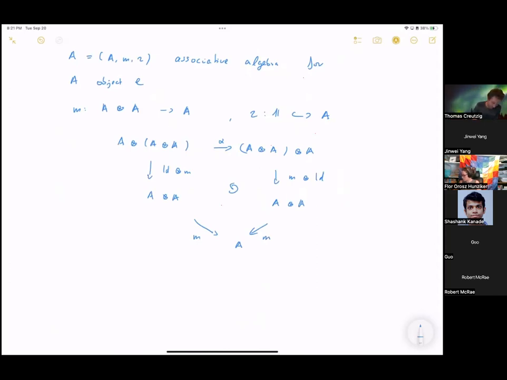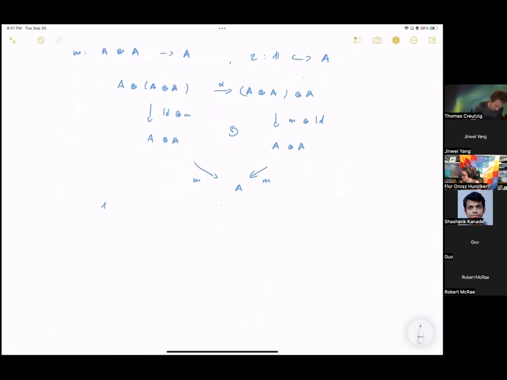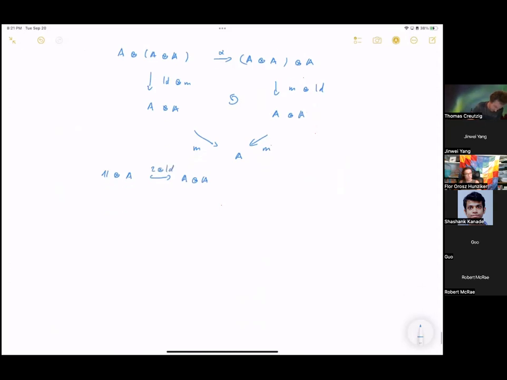And so that's the obvious thing. And then you also want to have compatibility with the unit. What can you have here? You have here 1 times A. You can embed it in A times A using your iota. But in a tensor category, you have the left unit constraint, so I call it here LA. And we have here our multiplication map, and compatibility with the unit is commutativity of this diagram.